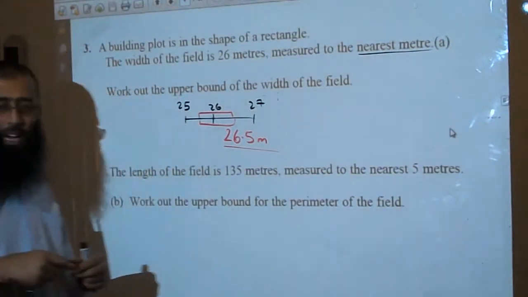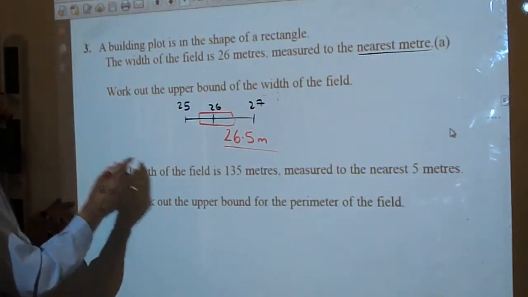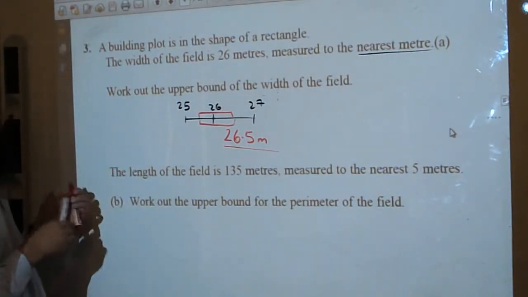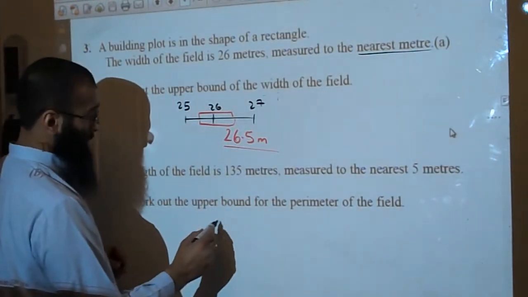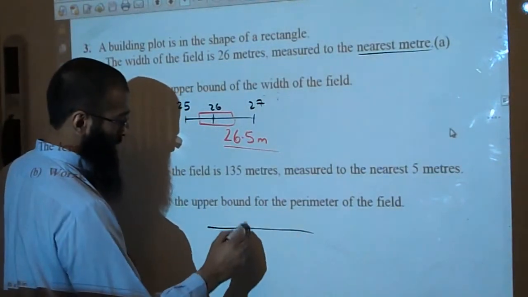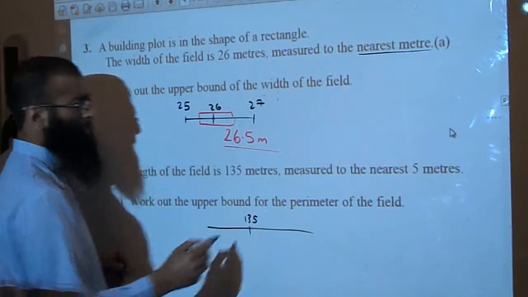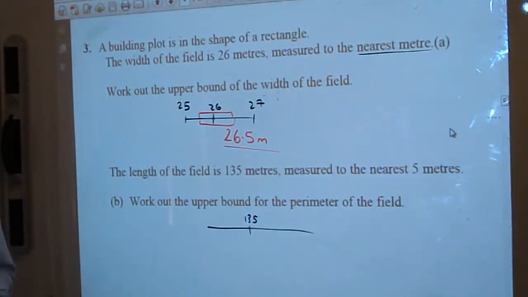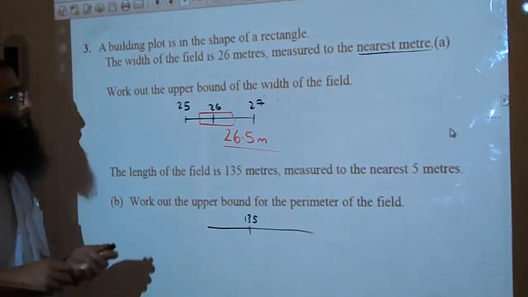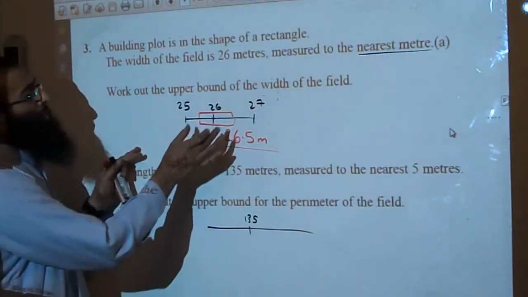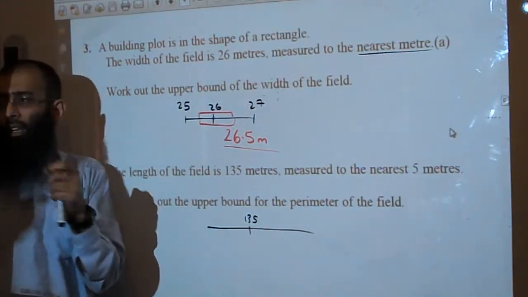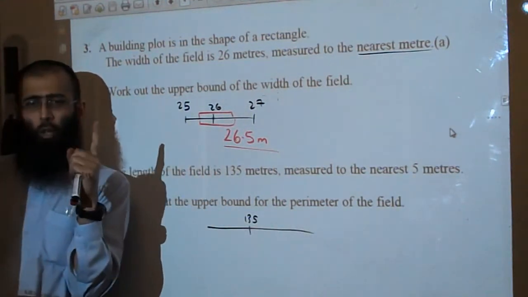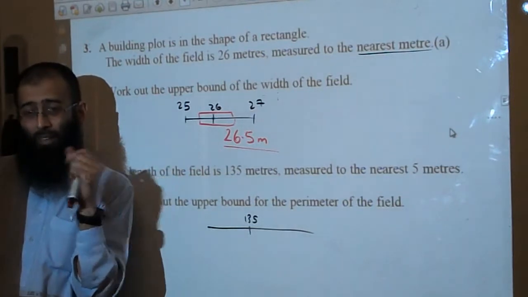The length of the field is 135 meters, measured to the nearest 5 meters. Work out the upper bound for the perimeter of the field. So 135 is measured to the nearest 5 meters. If you look at the previous question, if 26 is measured to the nearest meter, this red part is 1 meter wide.